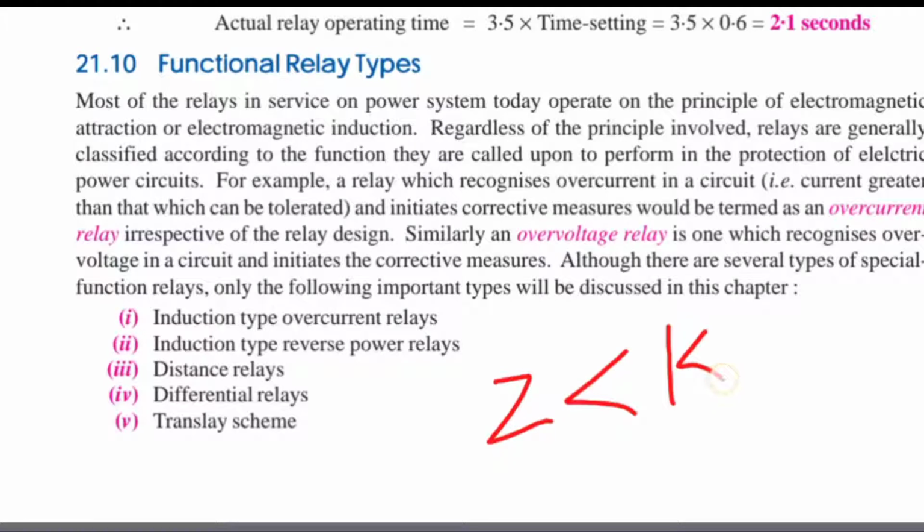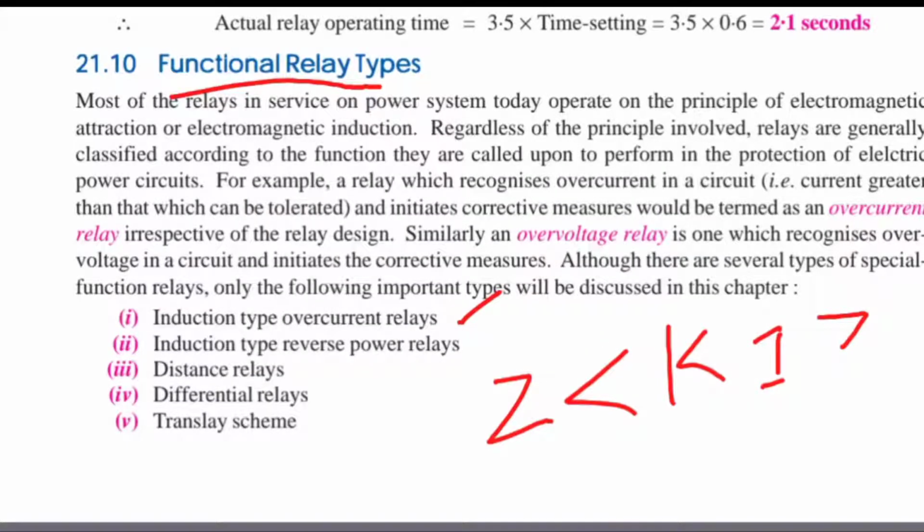That is an impedance relay. What is a differential relay? What is a translay scheme? These are the various types of functional relays: induction type overcurrent relays, induction type reverse power relays. Overcurrent relays work as normal relays; when the current is greater than the pickup current, they operate.